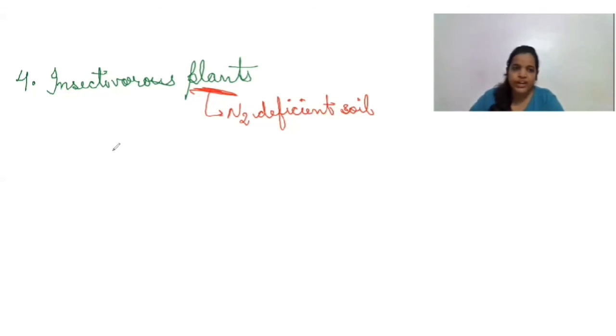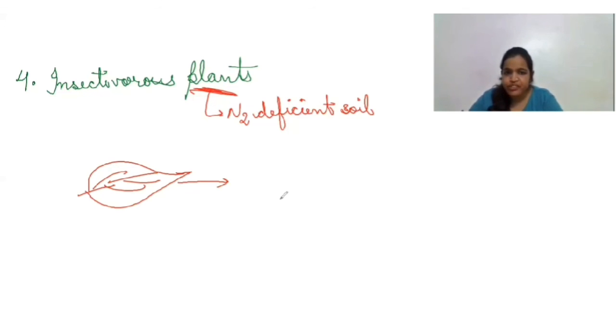No. What happens? This is one leaf. Now, in normal conditions, this leaf is a normal structure, but this leaf gets modified into different structures like this.